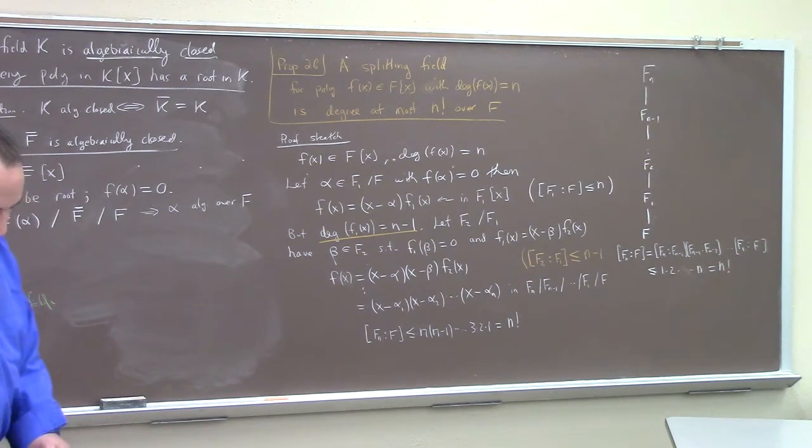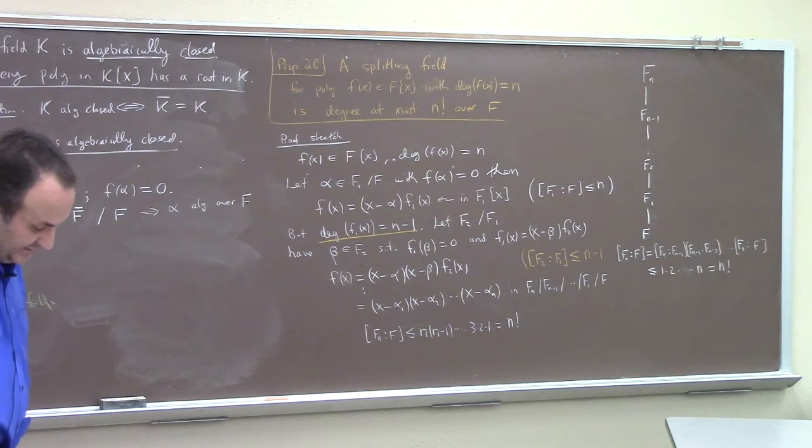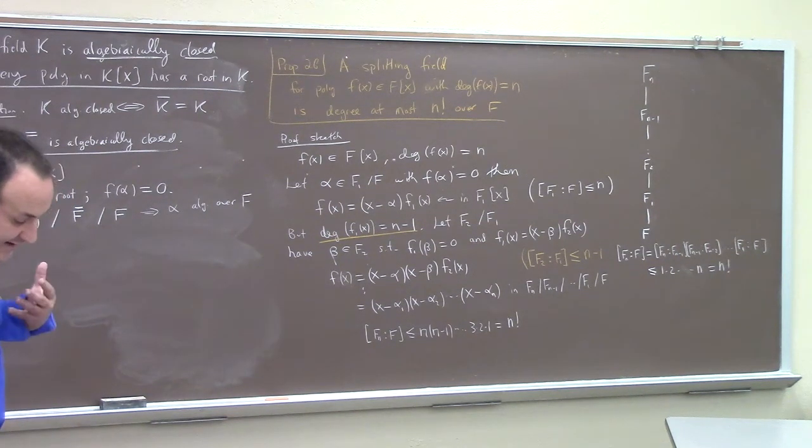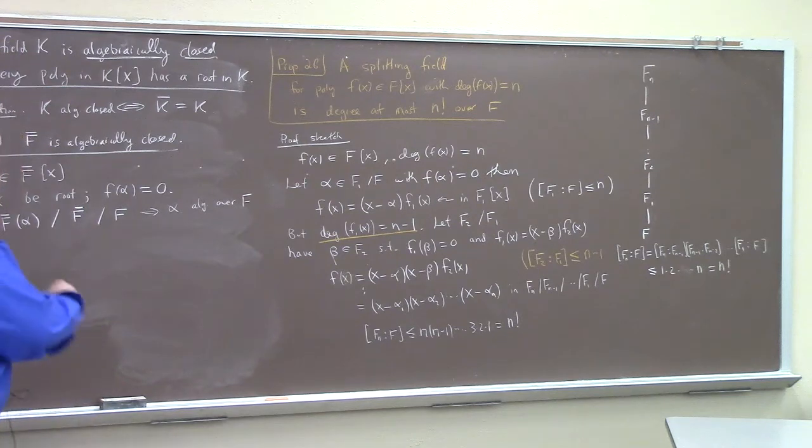Now, that's proposition 29. Proposition 30, I already wrote, but I'll say it again: for any field f, there exists an algebraically closed field containing f. Proposition 31.